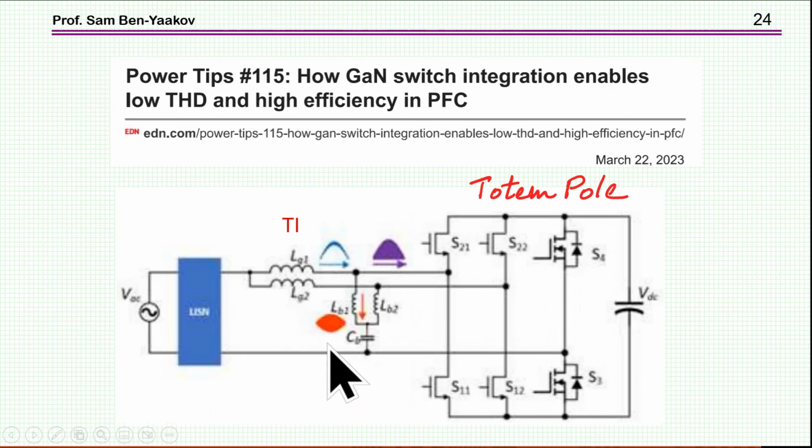And then there is another approach, which is actually a reference design by Texas Instruments, but it is described in this EDN article. Here are the details here. This now is a totem pole, in which case, again, we see here the inductor and here the inductor. It is an interleaved configuration, two half bridges here. These are GaN, gallium nitride transistors, fast transistors, and in this approach the totem pole is used for polarity selection.